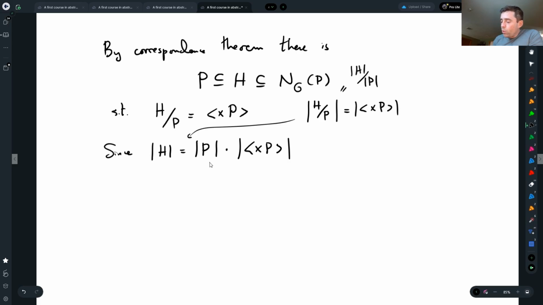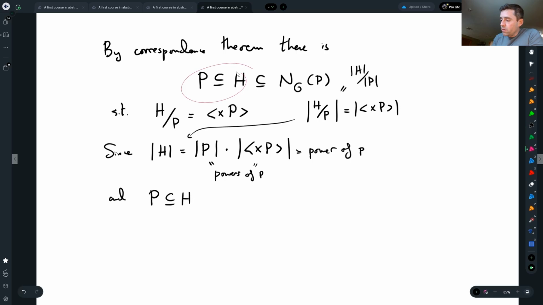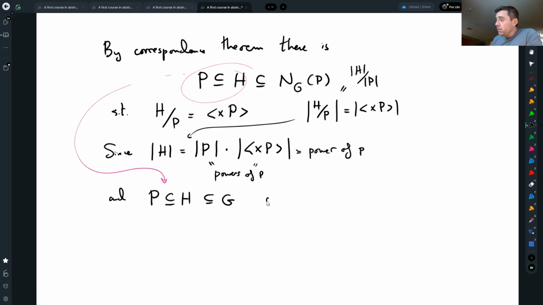But this is a power of P, and this is a power of P, so this itself is a power of P, and therefore the size of H is a power of P. We also know that P is contained in H from this, right? This over here tells me that P is contained in H is contained in G, and P is a P-Sylow.